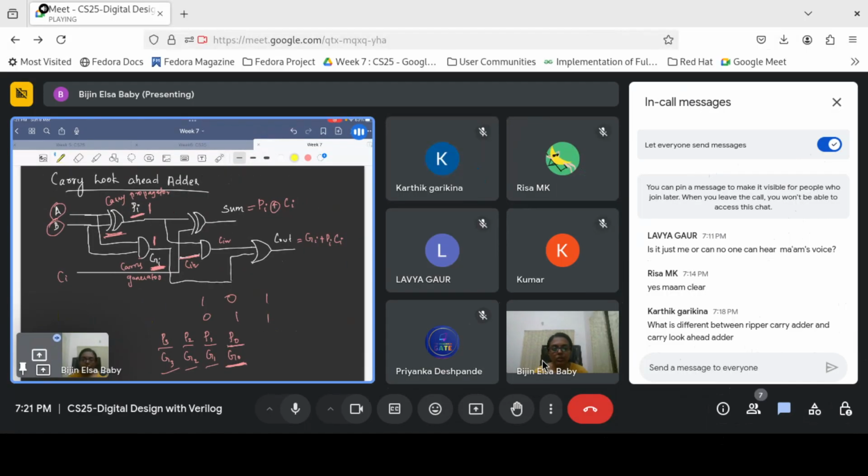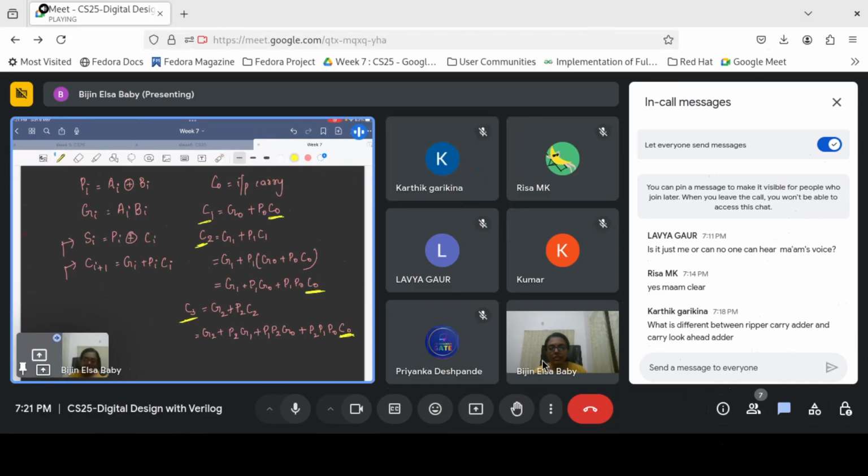In that, we are going to compute the carry independently. If we have the output of the first half adder, then we can calculate the carry independently. We don't have to propagate the carry. We can calculate C0, C1, C2, where C0 is the input carry, and C1, C2, C3 independently.